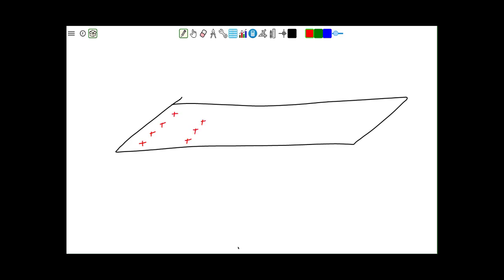We will say the charges are uniformly distributed across the surface of this plane. And let's say this plane is so big that it is infinitely large. Well, if this plane is infinitely large, then the electric field is going to have what we call planar symmetry.